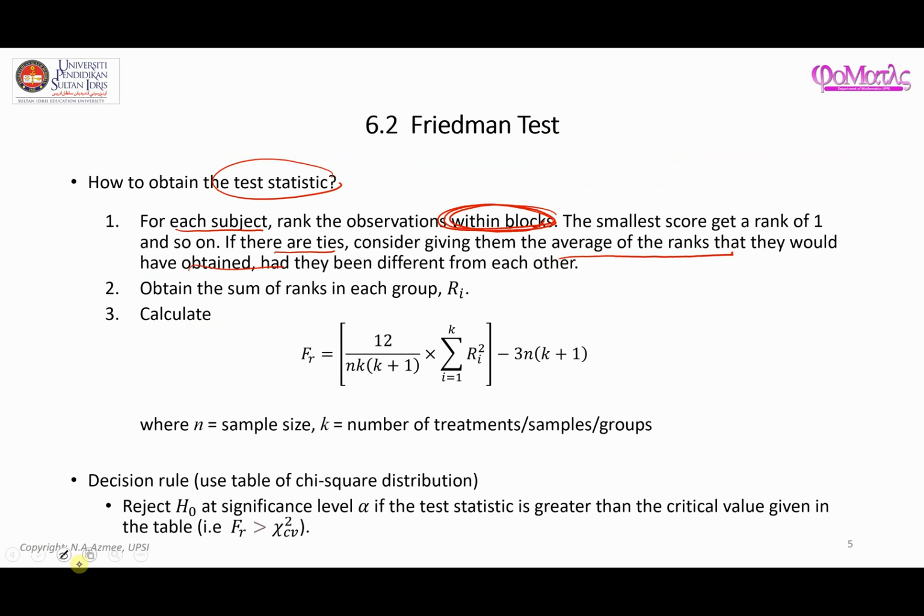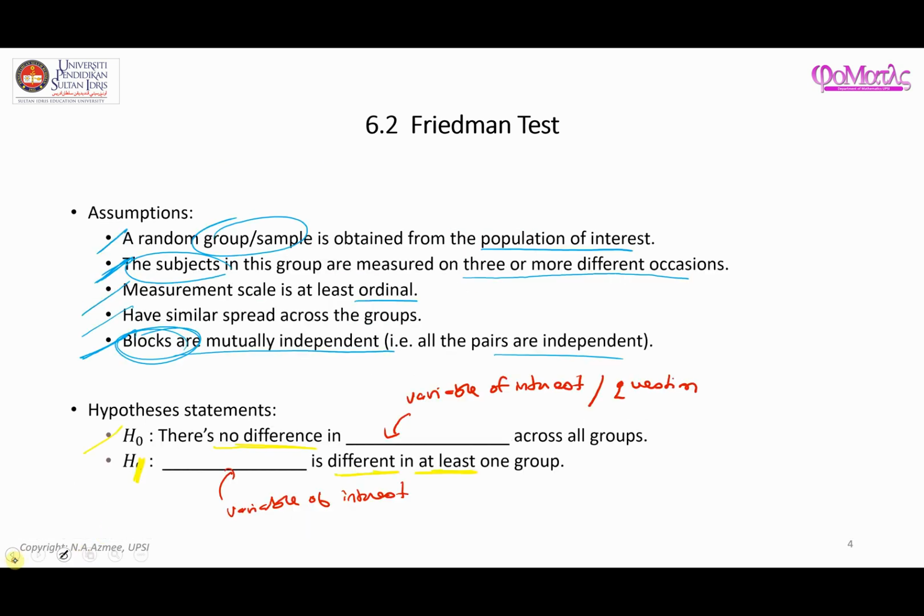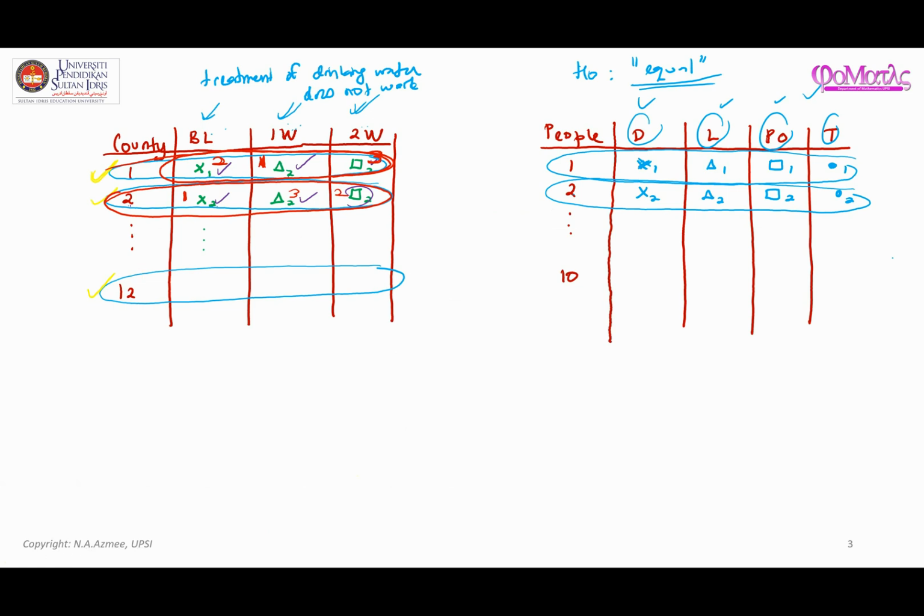Next part is you have to obtain the sum of ranks in each group. Once you have managed to rank all the observations, the sum of ranks is done according to the group. So you will get the sum of ranks for group 1, for group 2, and then for group 3.